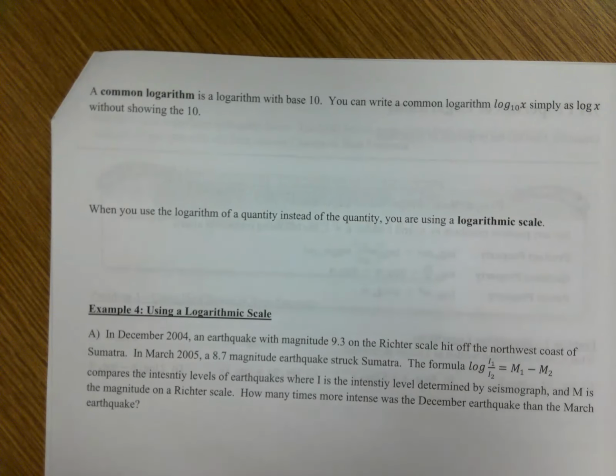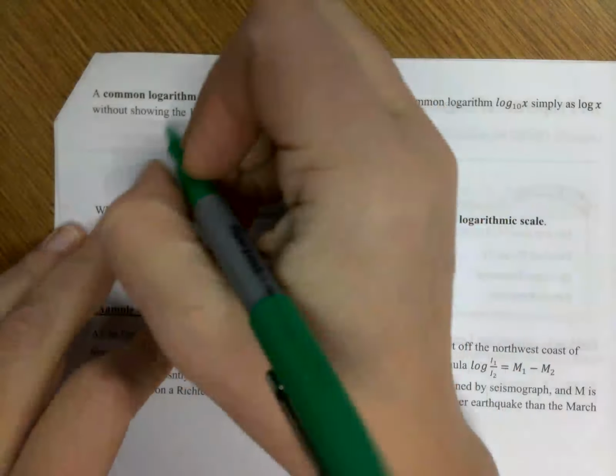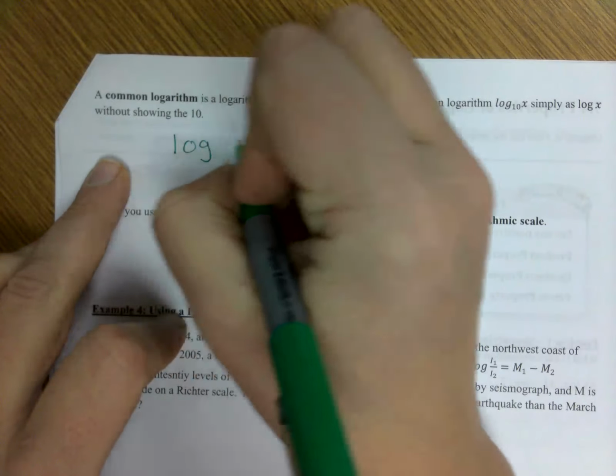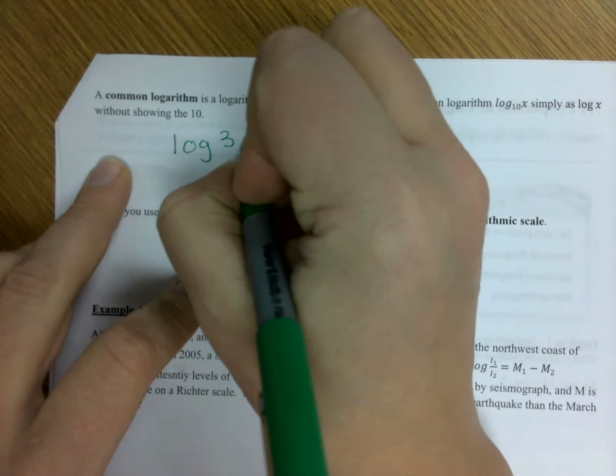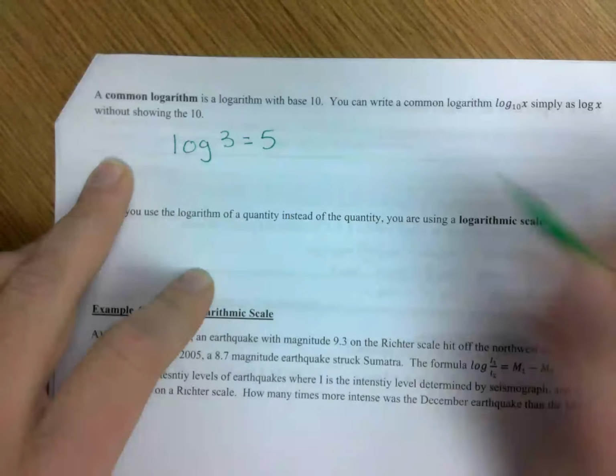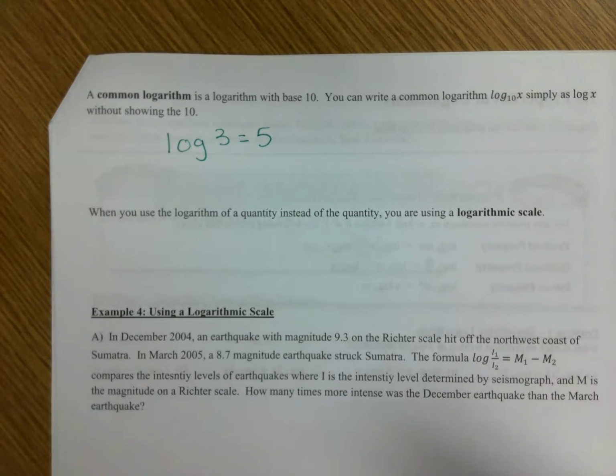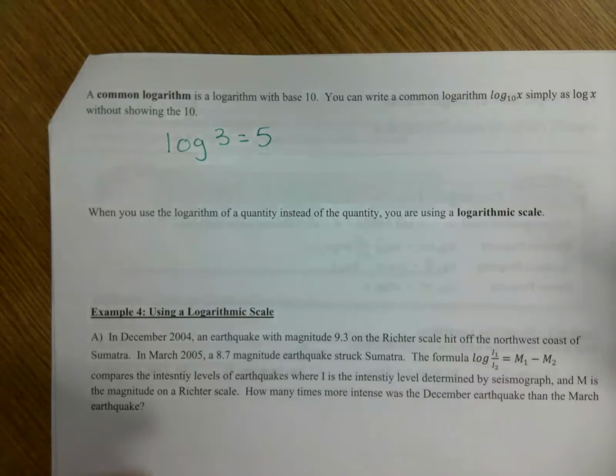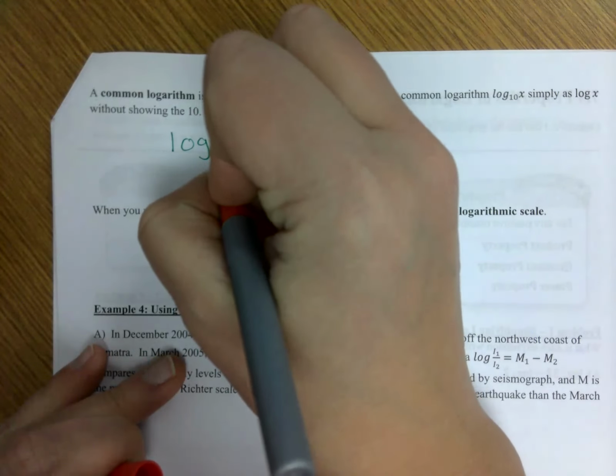So again, I already kind of talked about this, but if you don't have a number showing, so if I just did log of x is equal to 5, let's say like that, and I want to rewrite this in exponential form, if there is no number here, this number is always 10.